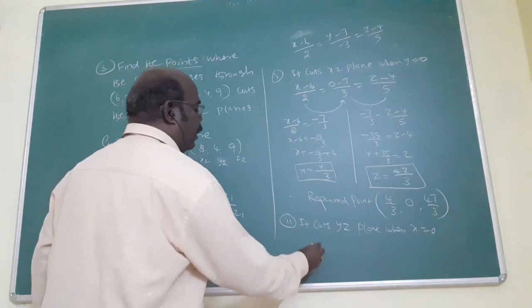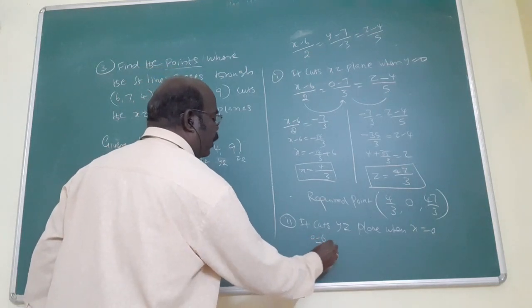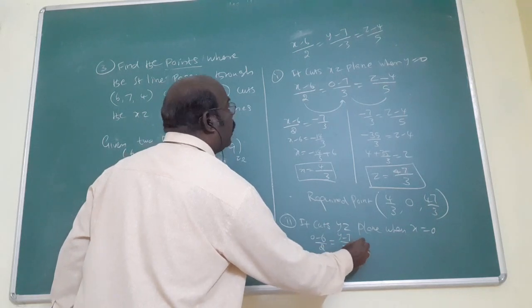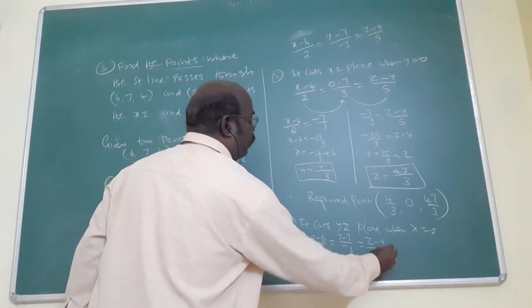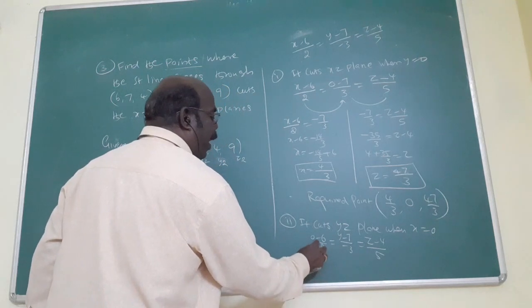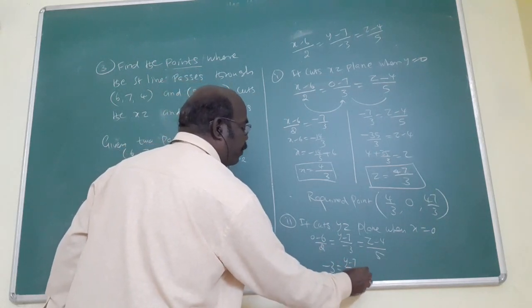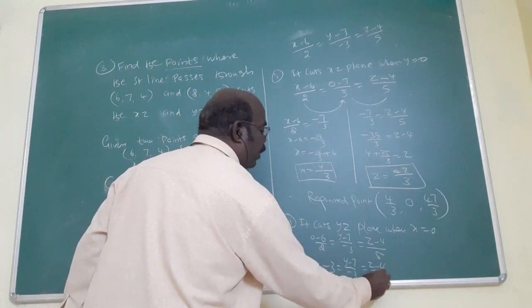The same thing: (0 minus 6) by 2 equals (y minus 7) by minus 3 equals (z minus 4) by 5. Which implies minus 6 by 2, that is minus 3, equals (y minus 7) by minus 3 equals (z minus 4) by 5.